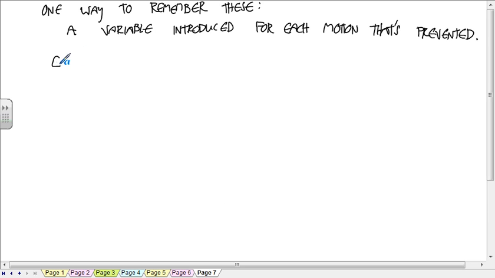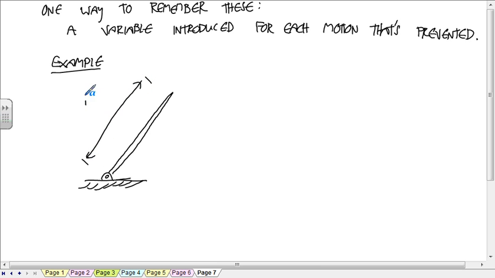Okay, so here's an example problem. Let's say that this bar is 1 meter long, and this angle is 60 degrees.